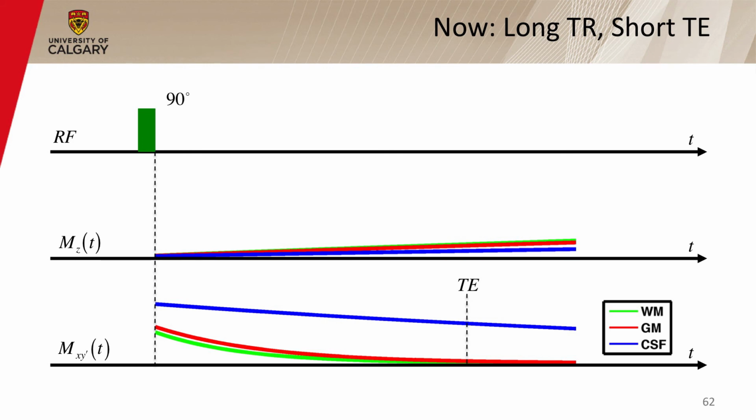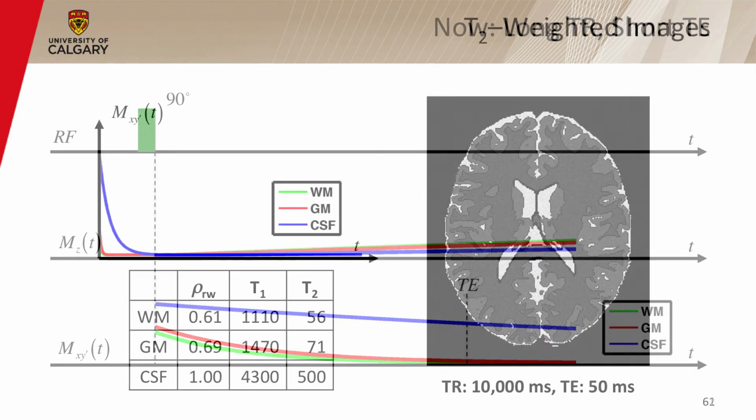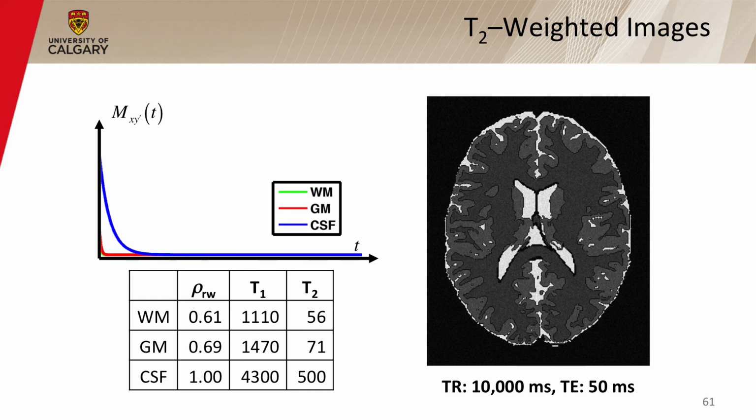And so that's how we create T2 weighted images. So a long TR to minimize any effects of the longitudinal relaxation differences, and a long TE so that we can get as much image contrast out of that T2 property as we possibly can.